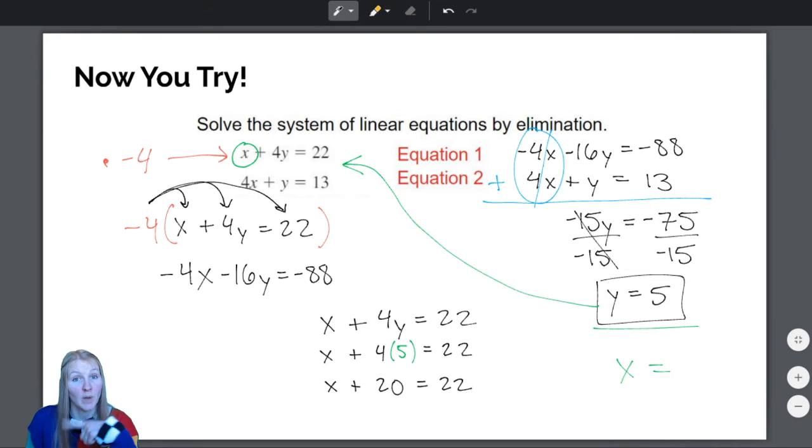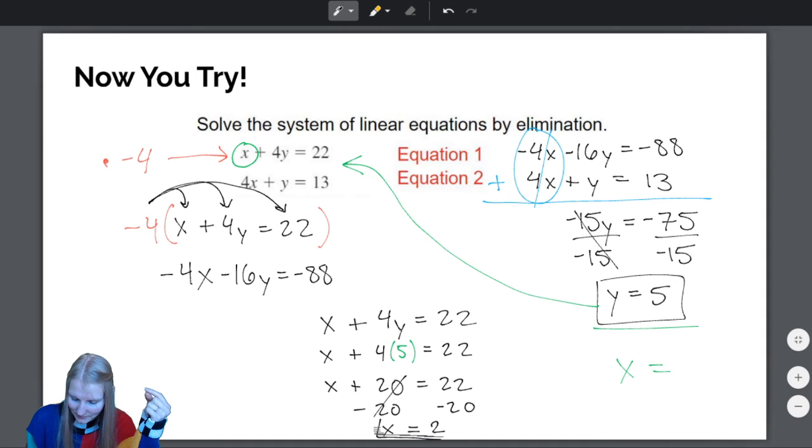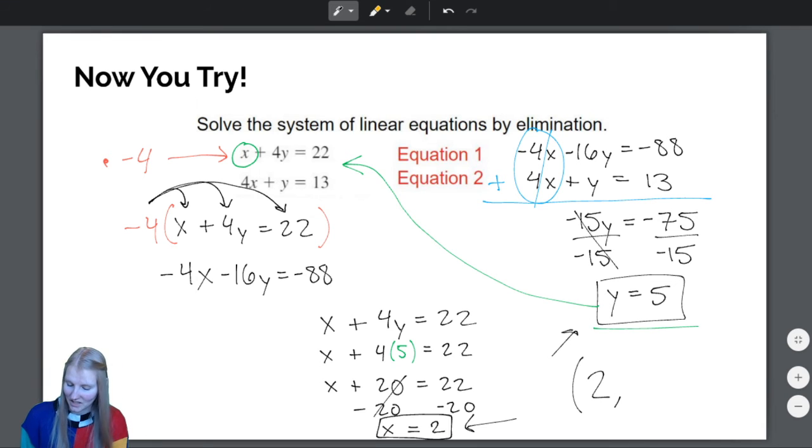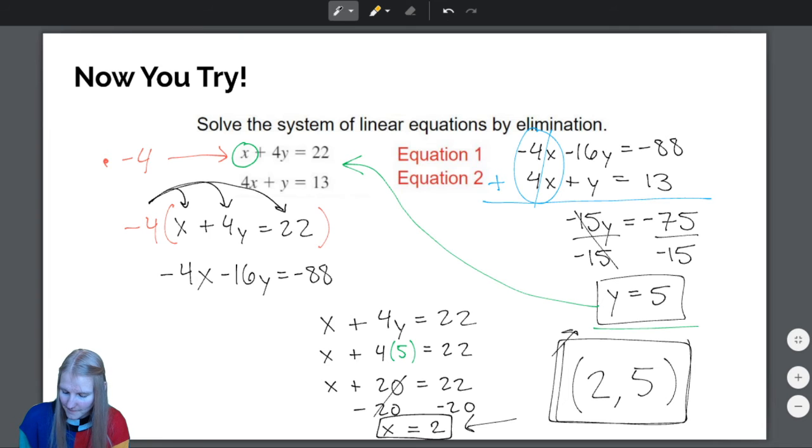And if I want x by itself, I need to subtract 20 on both sides, and I get that x is equal to 22 minus 20, which is 2. Yay! Okay, so we have x and we have y, which means that my final answer, x, comma, y, is 2, 5.